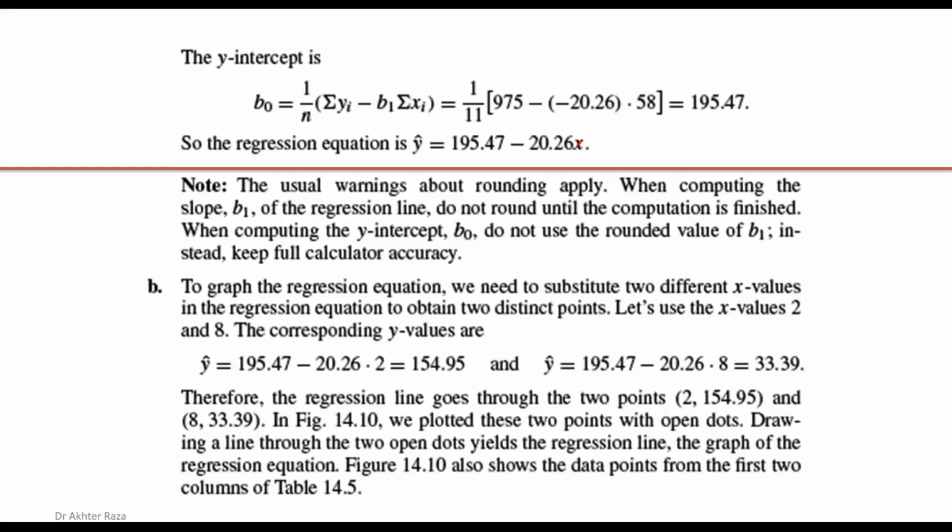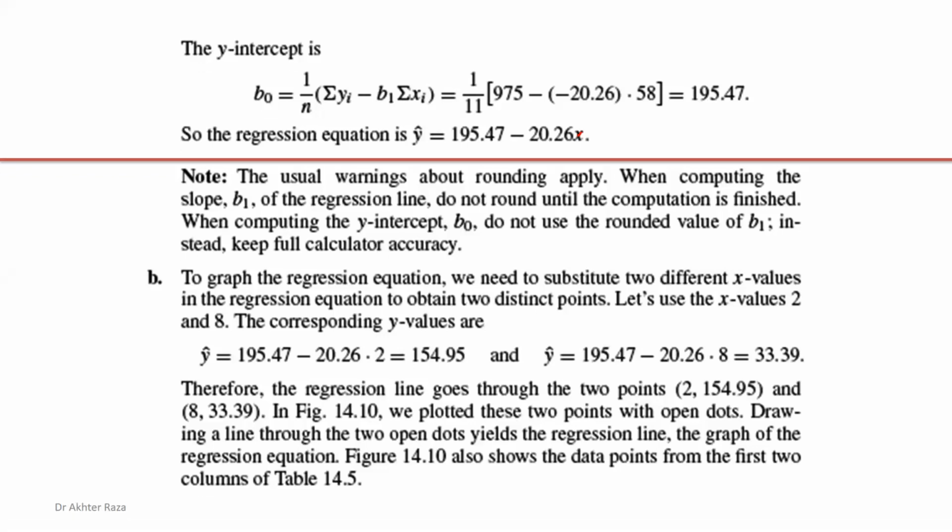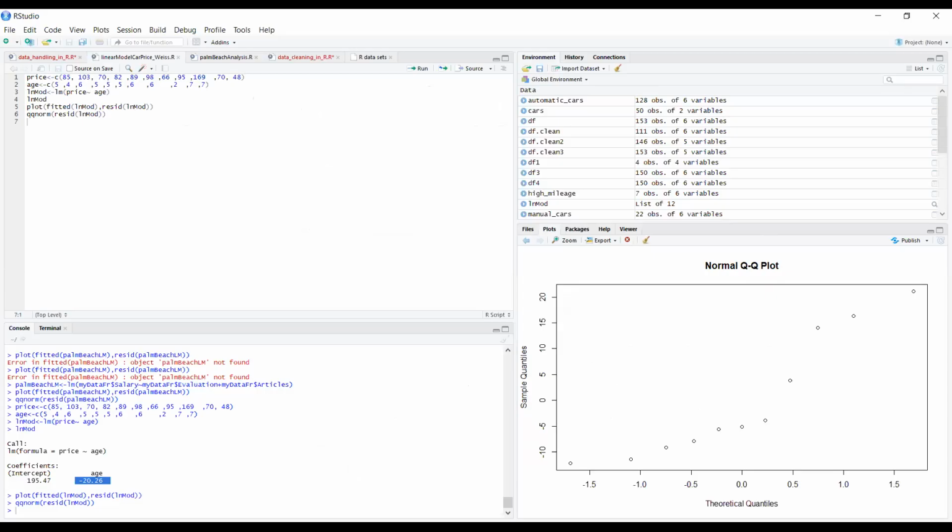Now, one student is asking about the interpretation of the two regression coefficients. This is called the regression coefficient. 195.47 is the intercept and 20.26 is the slope. Slope intercept form. The slope indicates what the value of price is depending on age.